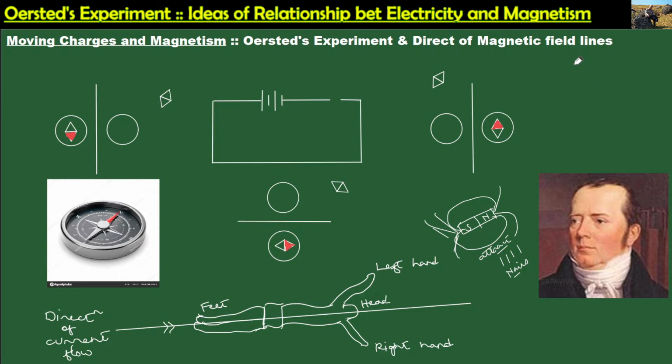Way back in the year 600 BC, the Greeks discovered some naturally occurring stones by the name of magnetite.